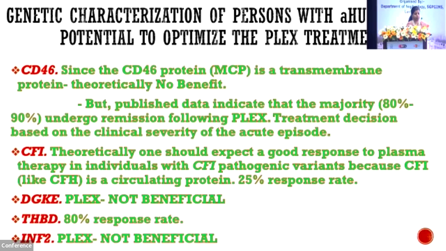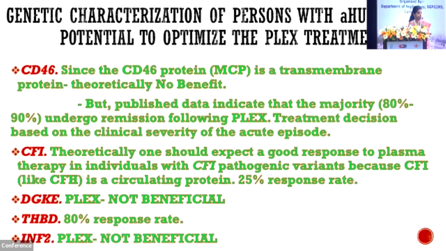CD46 is a transmembrane protein, and theoretically there is no benefit. But there are studies which have shown that 80 to 90% of these mutations remit with plex. Hence, again, treatment will have to be tailored to your clinical severity. What about CFI? CFI, though it is a genetic mutation, and we would say that with plasma exchange, there will be replacement of CFI, the remission rates are quite low if you have a CFI mutation.